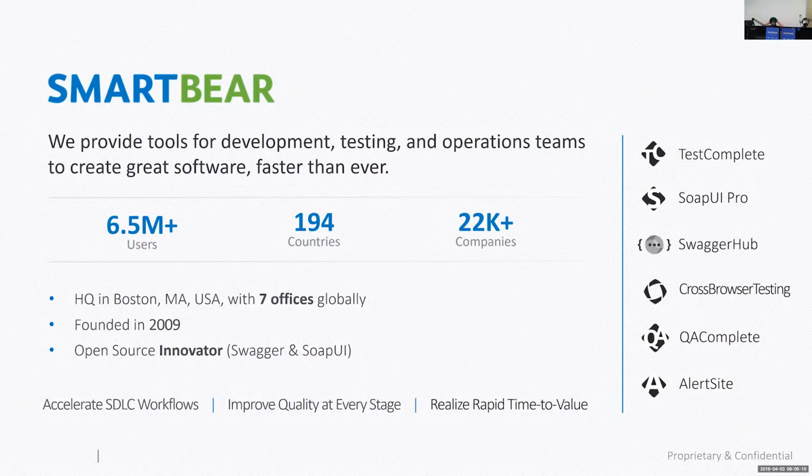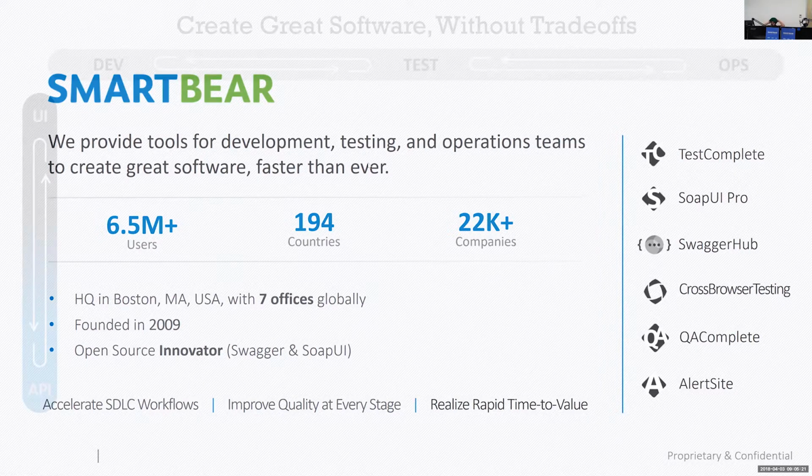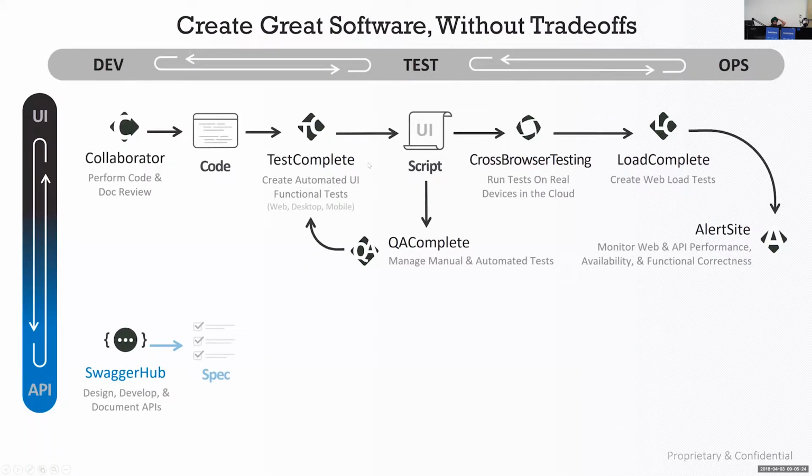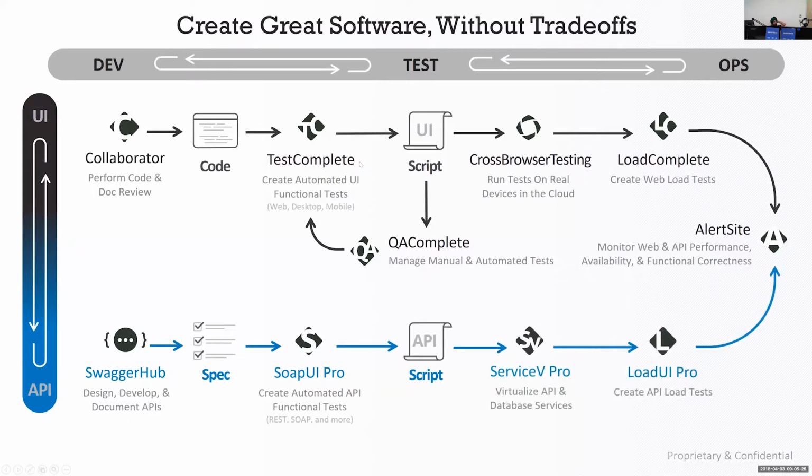Across our products, we're trying to improve the quality at every stage of the development life cycle. I'm not going to run through this entire slide because it's a lot to look at, but to get a feel for where QAComplete fits into the bigger picture of our products: we span the spectrum from development through tests and all the way through the operations side, both on the API layer and the UI layer.